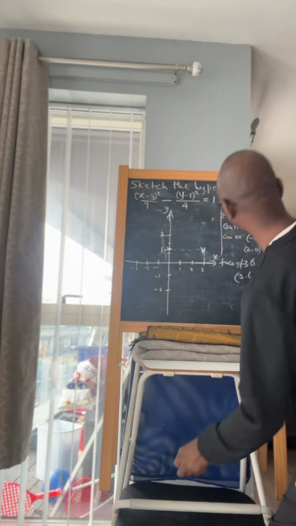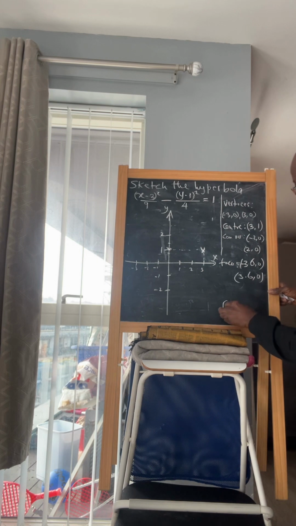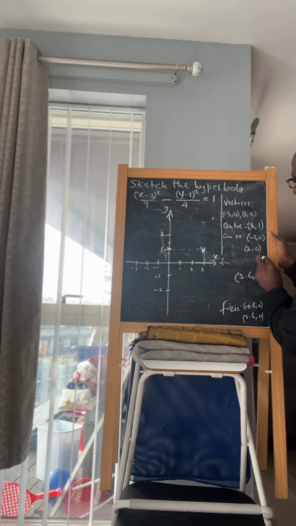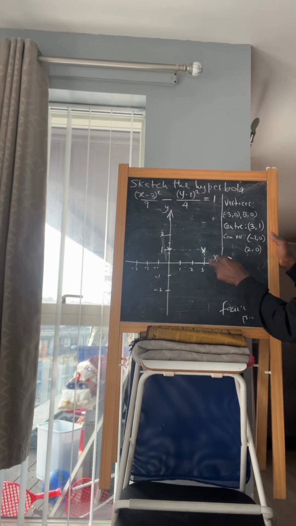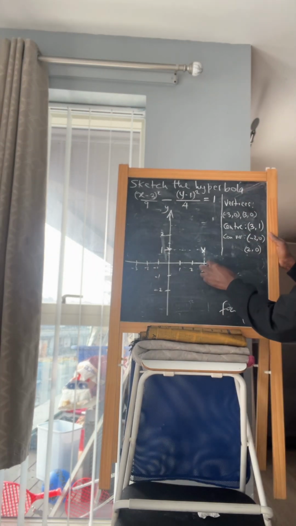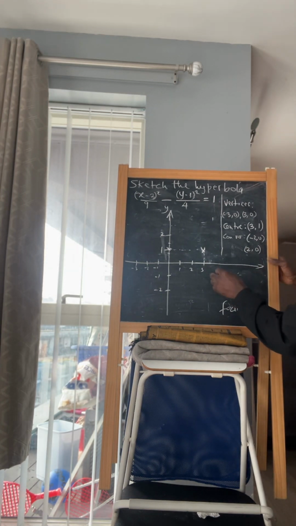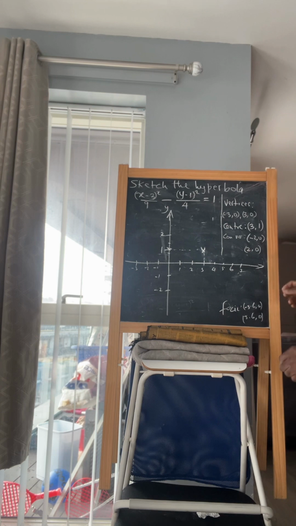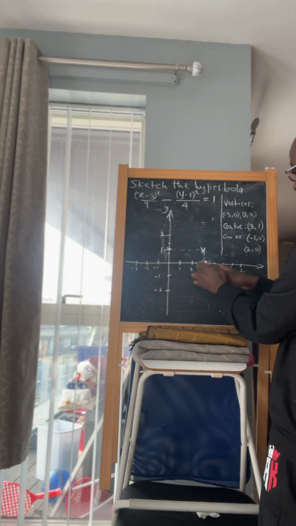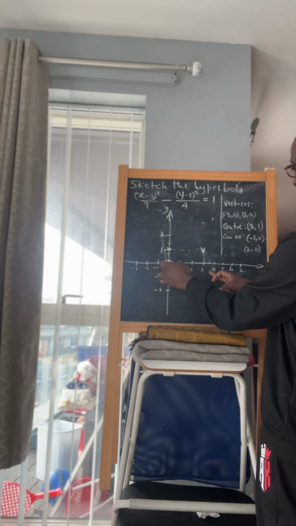So now the foci, minus 3.6, 0 and 3.6, 0. From the center we count 3 steps, 1, 2, 3, because it's minus 3.